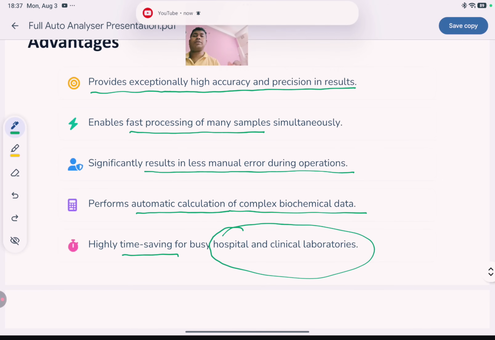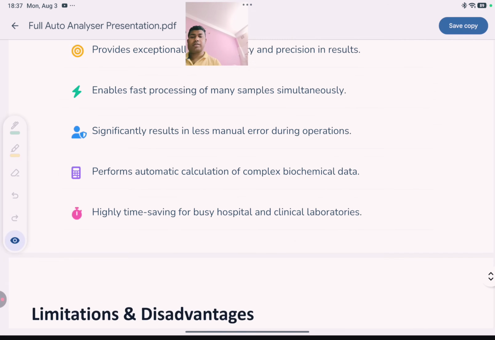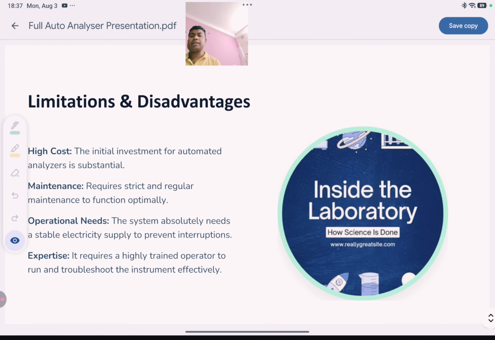Limitations and disadvantages. If there is an advantage in something, we can say that there is a disadvantage also. The main disadvantage of the fully automatic analyzer is that it incurs a high cost of installation, investment and everything.